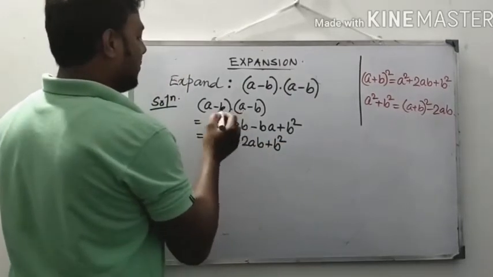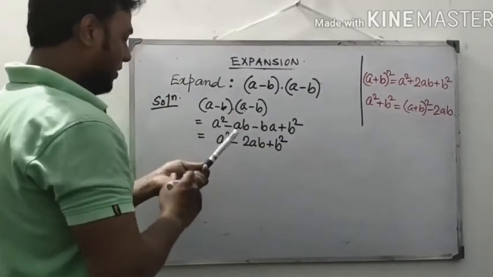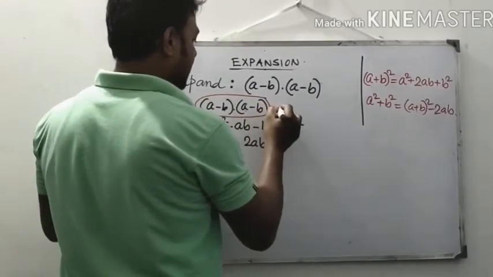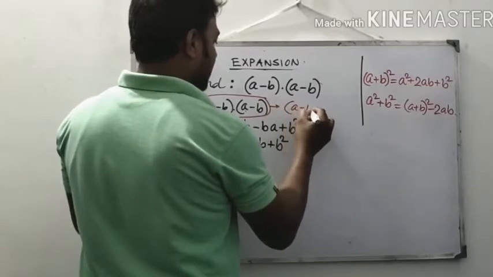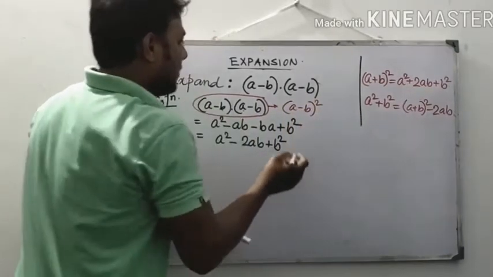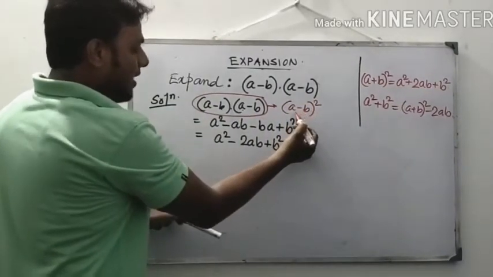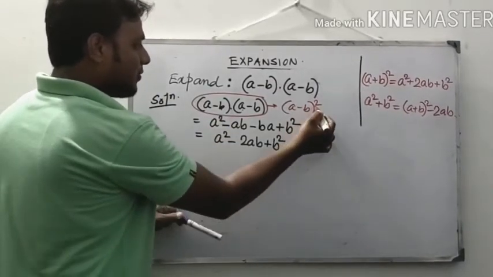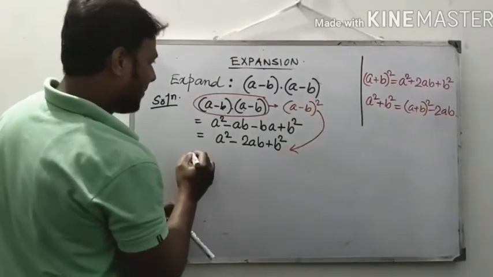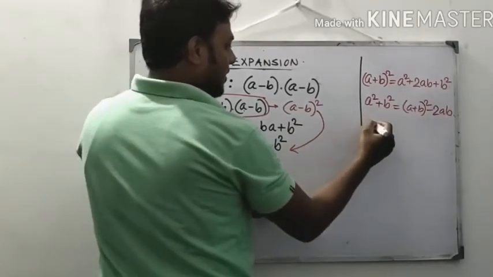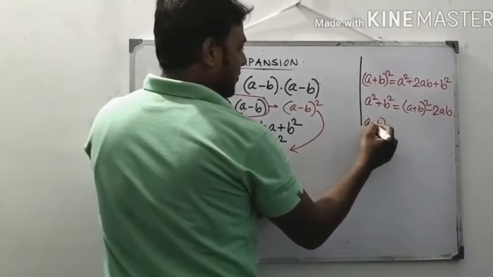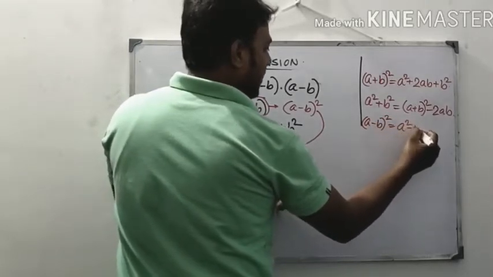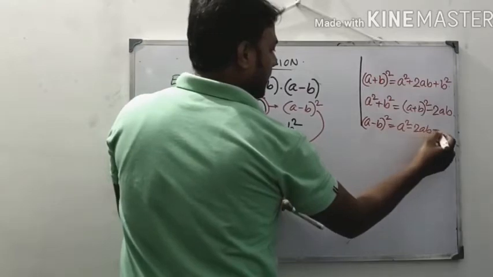Now (a minus b) into (a minus b) is nothing but (a minus b) whole square. So we have to memorize this question and answer. Okay, so ultimately we get one more result, that (a minus b) whole square equals a square minus 2ab plus b square.